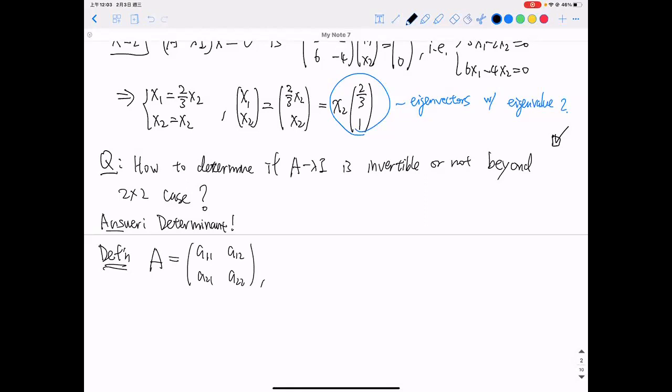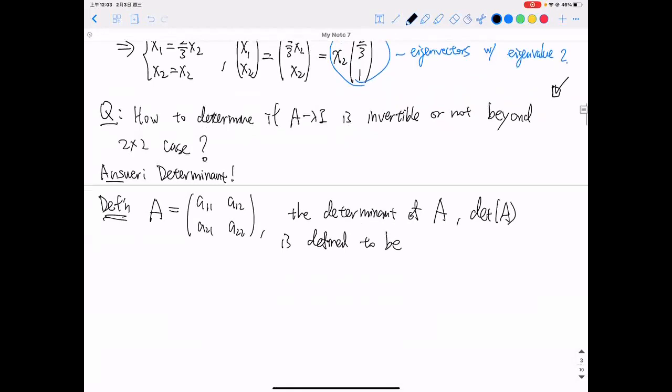The determinant of A is defined to be det A equals A11 A22 minus A12 A21.